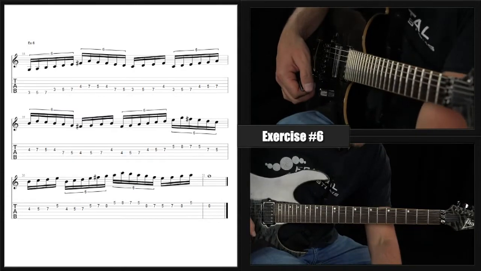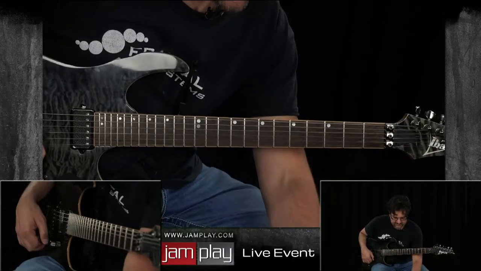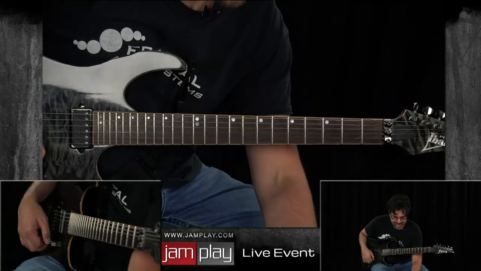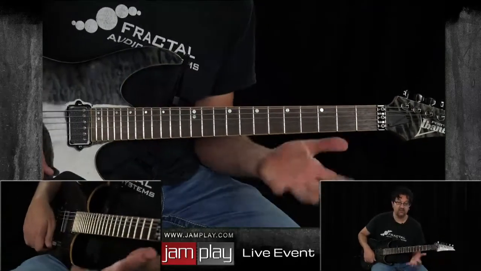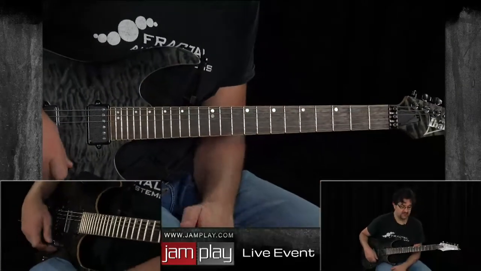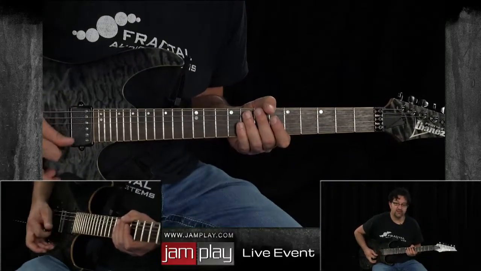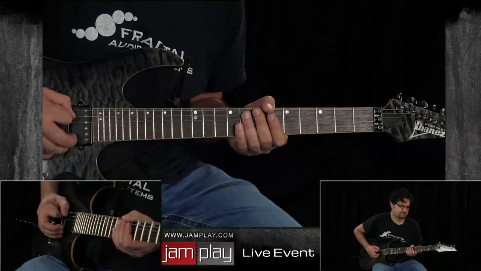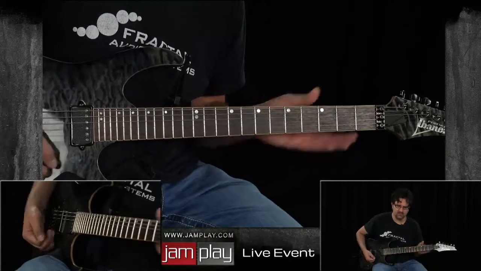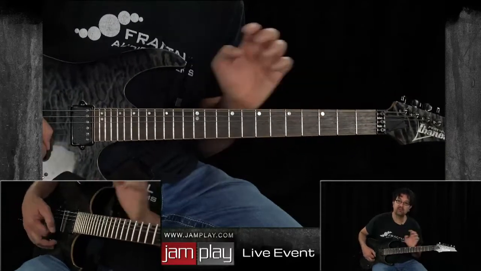Let's try that slowly. We're going to start at 60 beats per minute. The fastest we'll play is 6 notes per beat. The slowest is 4 notes per beat. And if I just play the rhythm, I'm going to play a group of 6, and a group of 4.